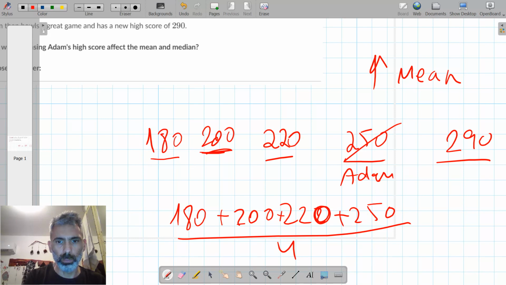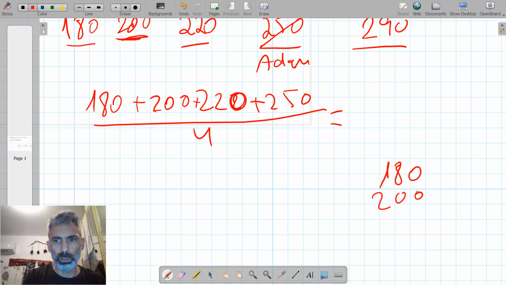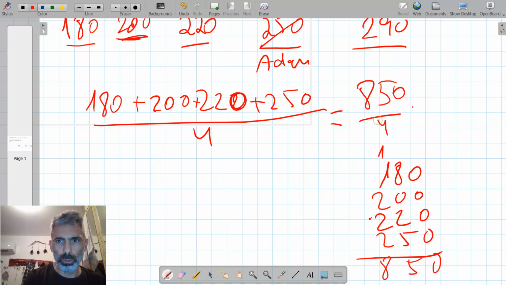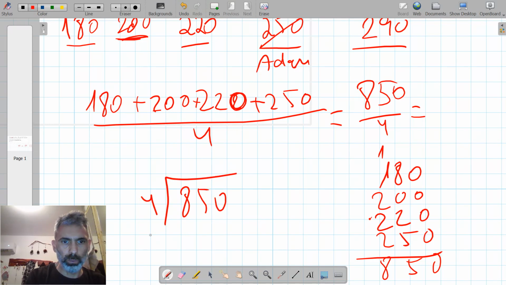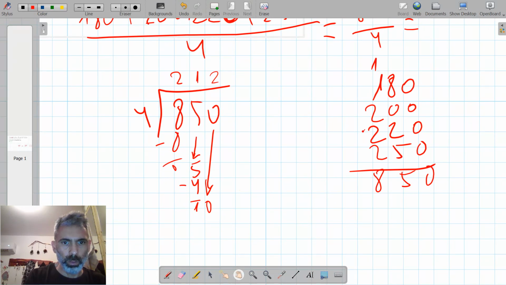1, 2, 3, 4 data points divided by 4, which gives us a mean of 180 plus 200 plus 220 plus 250. 8 plus 2 is 10, 10 plus 5 is 15, 2 plus 2 here, and 6, so it's 850 over 4. 850 divided by 4: 4 goes into 8 2 times, 2 times 4 is 8, no remainder. 4 goes into 5 one time, remainder 1, bring down 0, so 4 goes into 10 2 times, and 2 times 4 is 8, a remainder of 2.